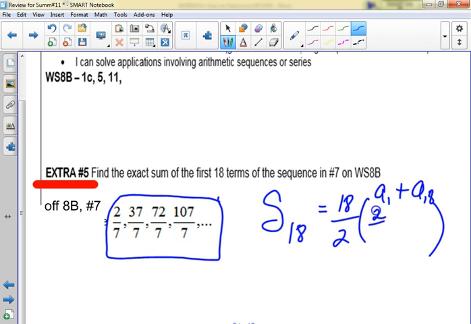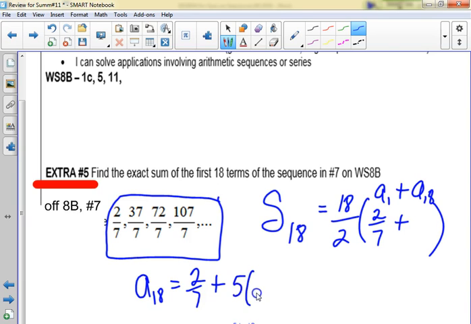Well, the first term is 2/7. How do we find the 18th term? The 18th term is the first term plus or times? We're doing arithmetic, right? Plus, what's the difference? 5.